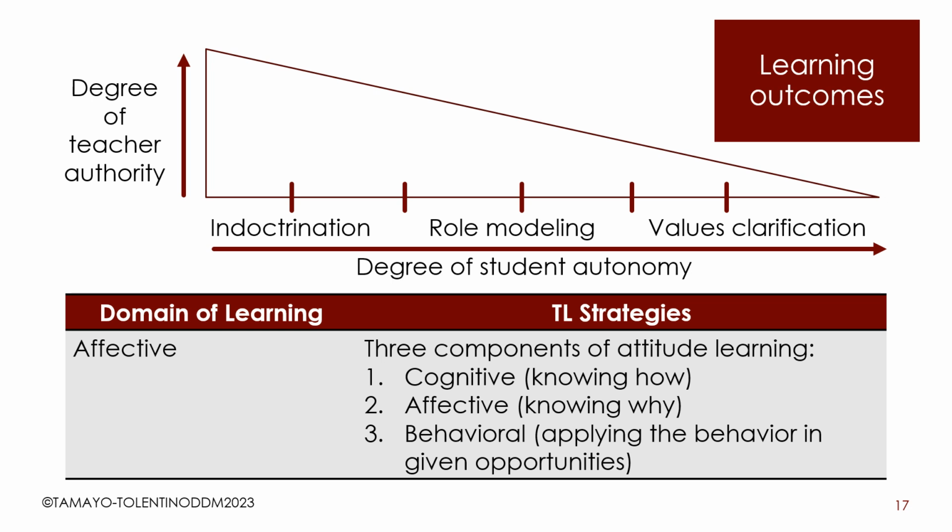But whatever strategy we use, there are three components of attitude learning, including a cognitive component in which the learners know how to demonstrate the attitude, the affective component in which they know why the attitude needs to be learned, and the behavioral component in which the students apply the behavior in given opportunities.